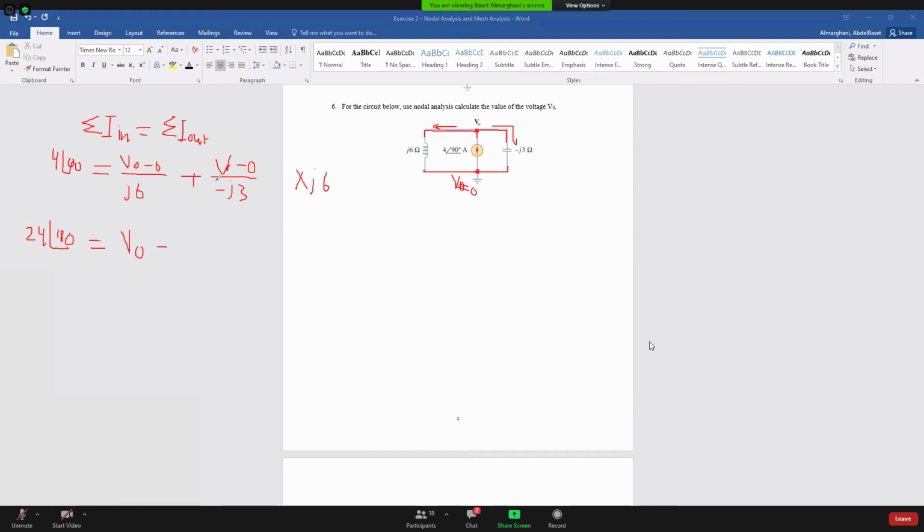And here J6 will cancel J3 and you still have 2, so it's minus 2 V0. So this is minus 24, equals minus V0. So V0 equals 12 volt.